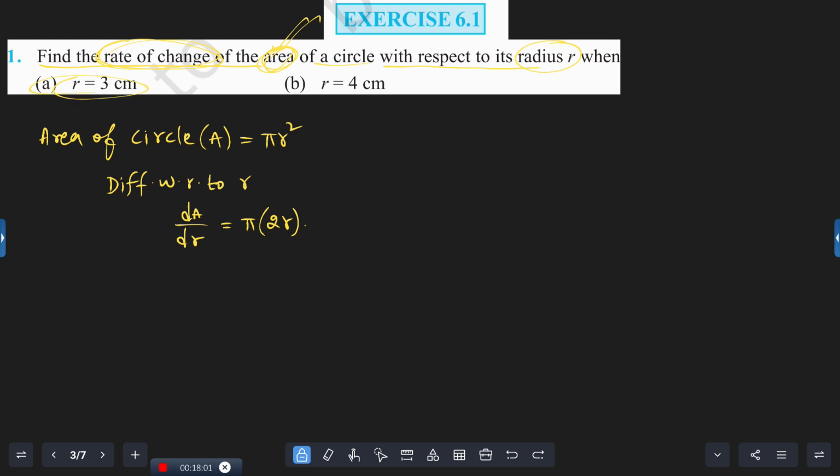Then you continue the simplification. 2 pi r is my answer.